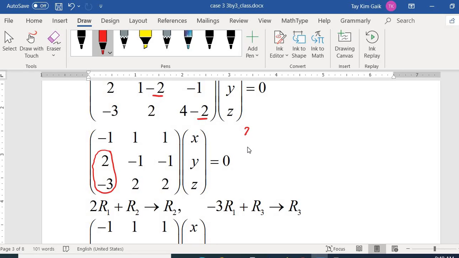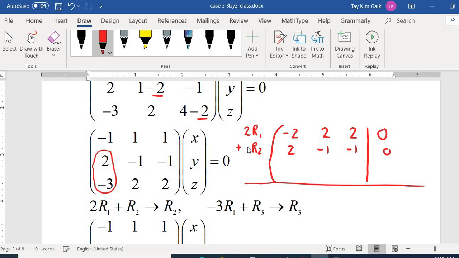Multiply 2 times row 1, so this is negative 2, 2, 2, and the right hand side is 0. Then 2 times row 1 is added to row 2, which is 2, negative 1, negative 1, 0.